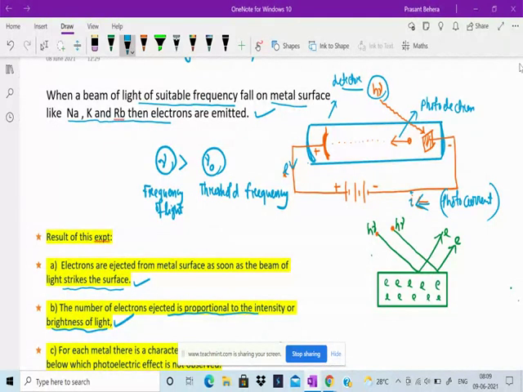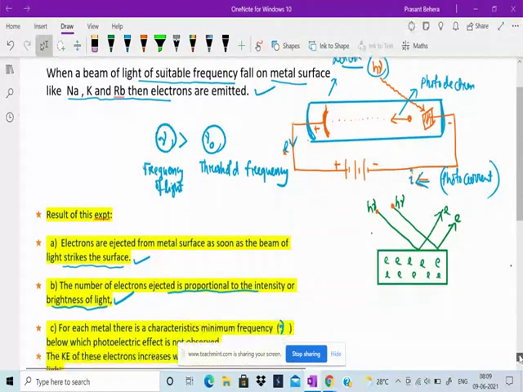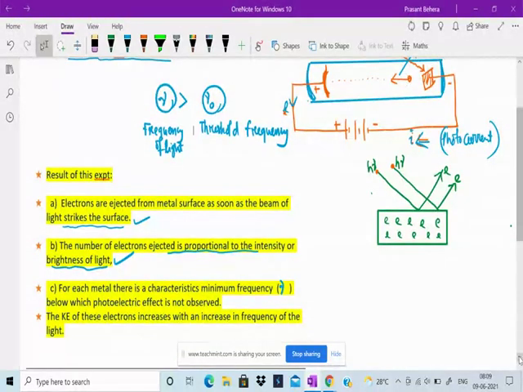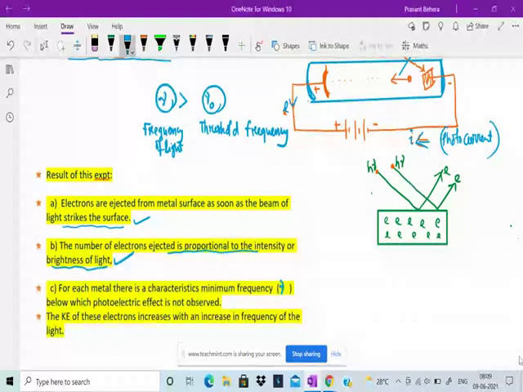For each characteristic metal plate, there is a threshold frequency, and the threshold frequency is different for different metals. For each metal, there is a characteristic minimum frequency nu naught, called the threshold frequency, below which the photoelectric effect is not observed.